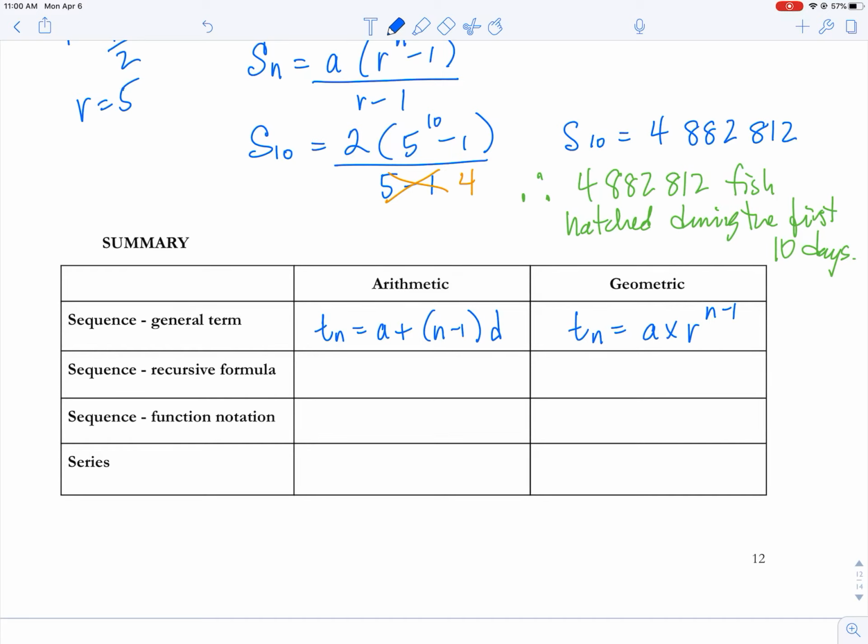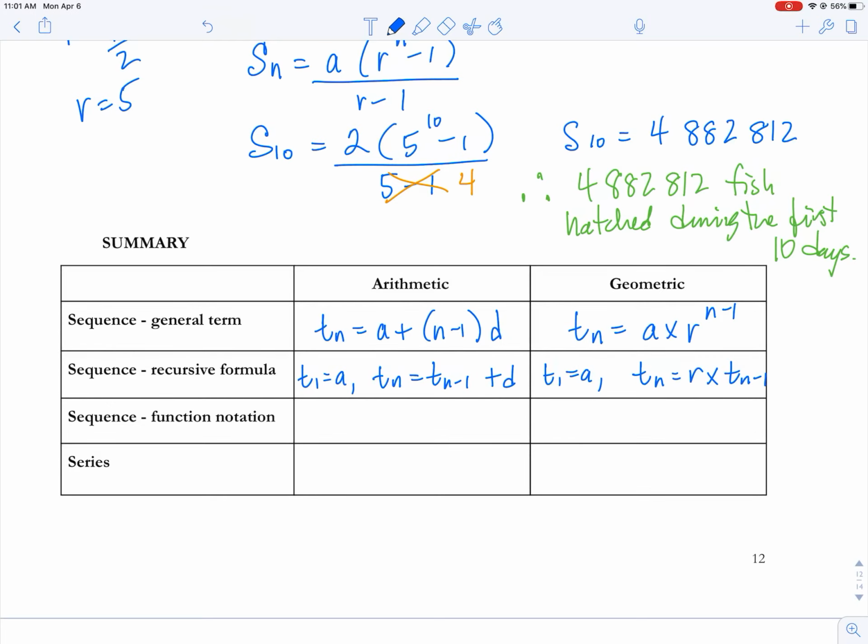In terms of recursive formulas, we have to know that T1 equals A. That's true for both of them, the arithmetic and the geometric. So T1 equals A, and then Tn equals Tn minus 1, the term that came before, plus that difference. And for geometric, Tn equals R times Tn minus 1.